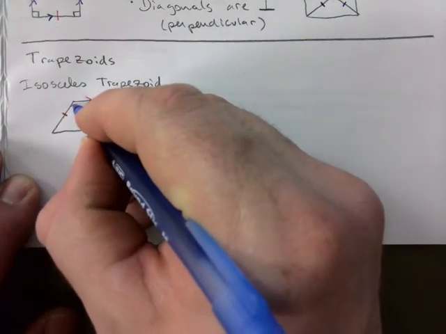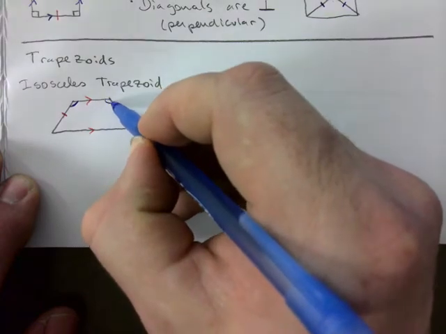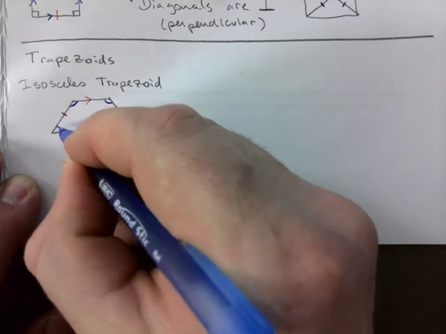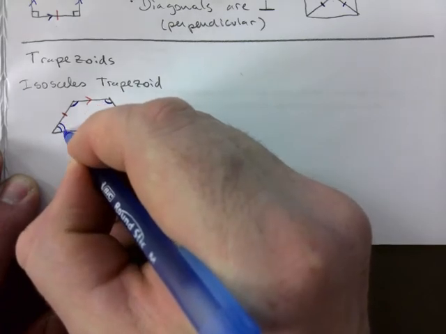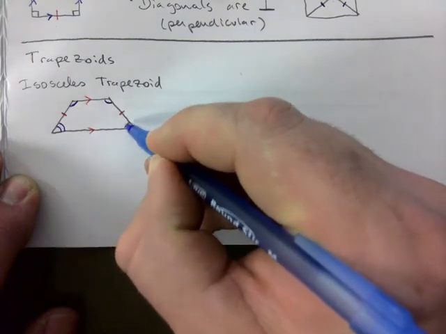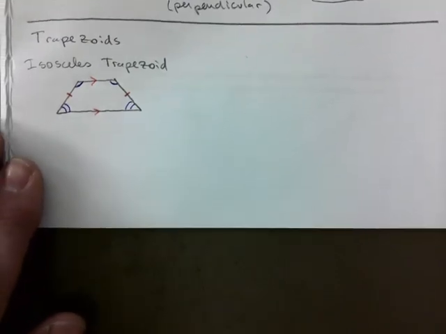This angle right here is going to be equal to this one up here. And this one down here, I can't just put one down because then you're saying these are the same, right? Is going to be equal to this one on the opposite side. That's all I've got there.